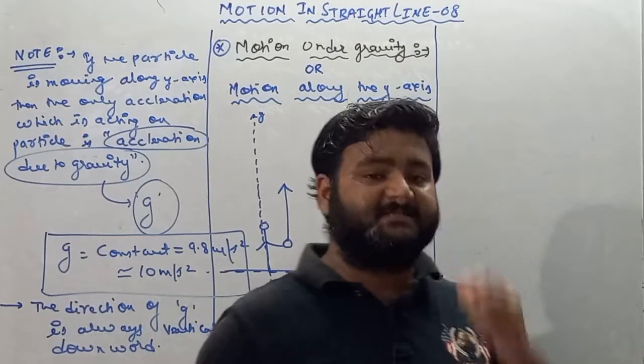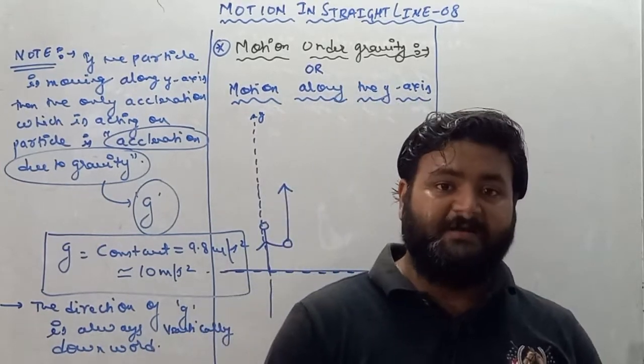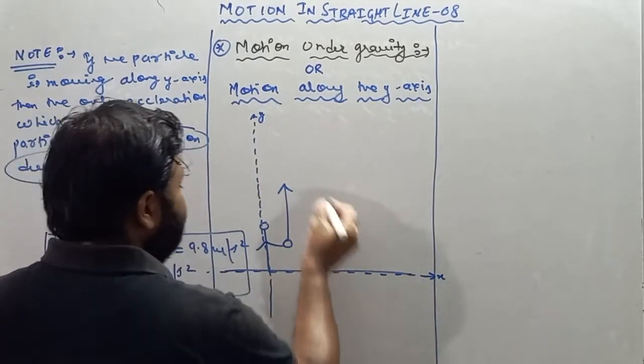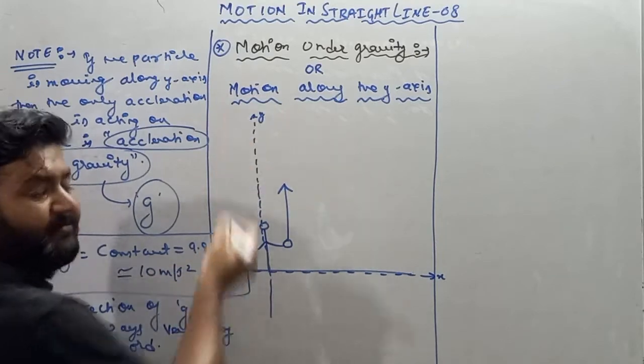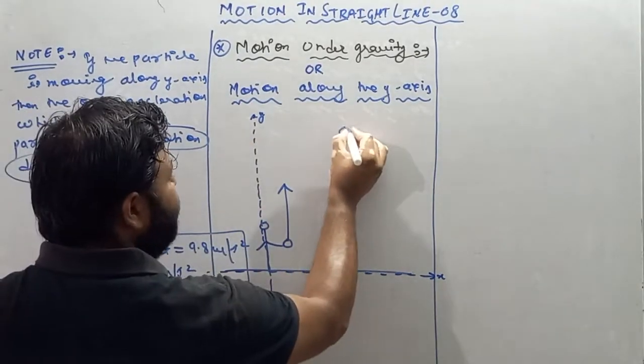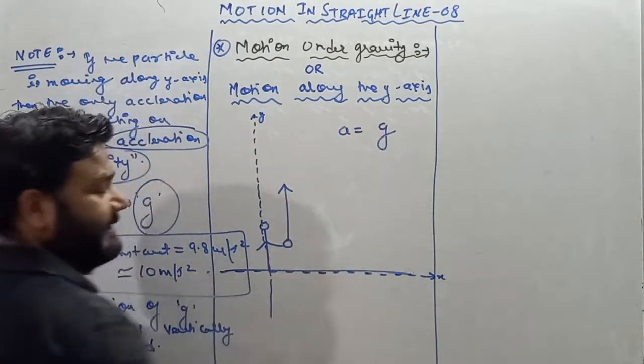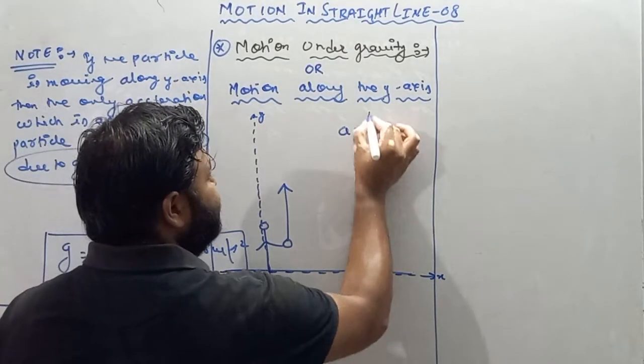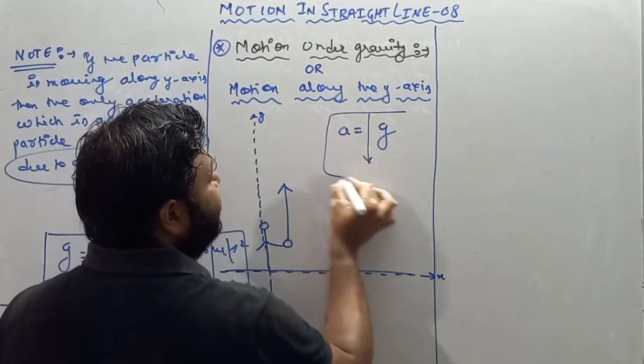So if the particle is moving along the y-axis, the only acceleration acting on it is g, and its direction is always vertically downward.